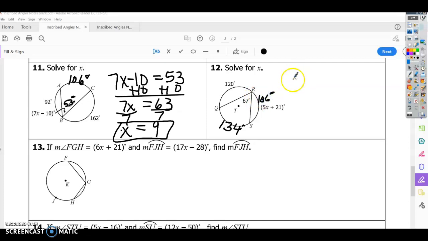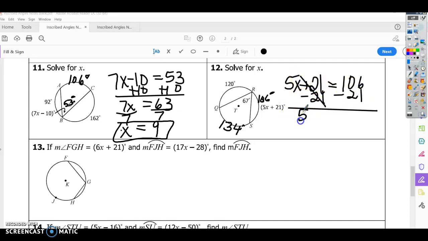So we can say 5x plus 21 equals 106. And then I'm going to subtract 21 from both sides, and x equals 17.